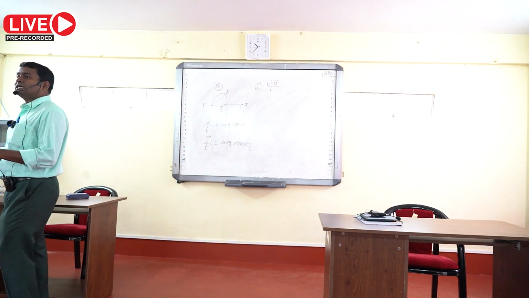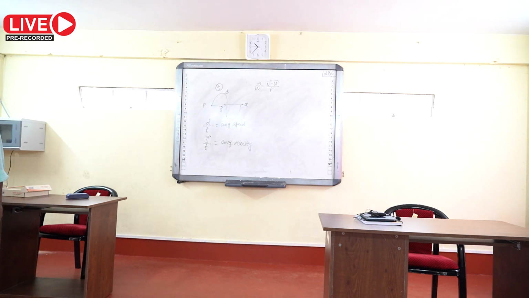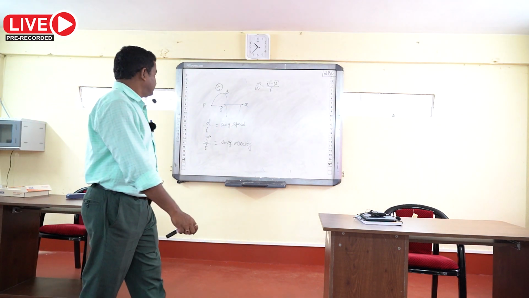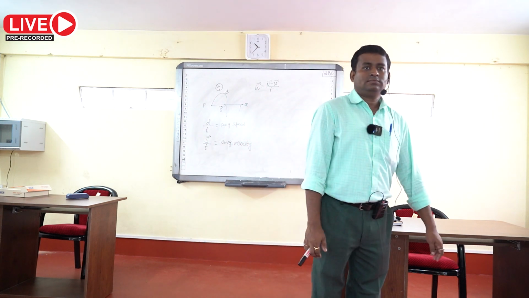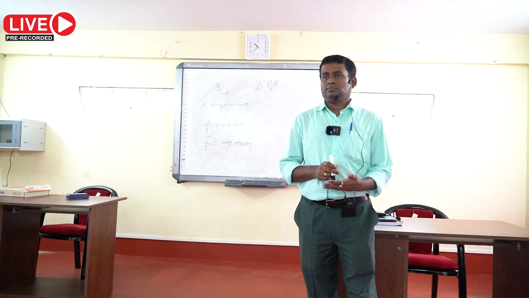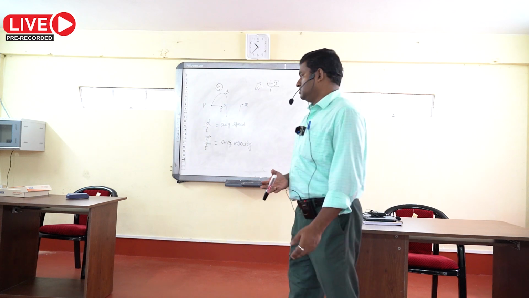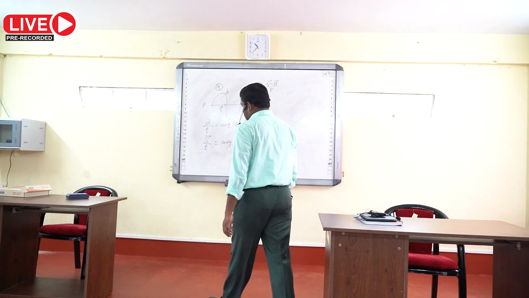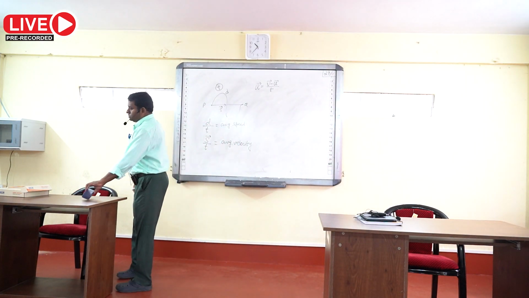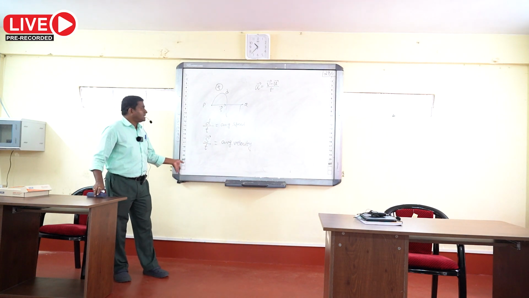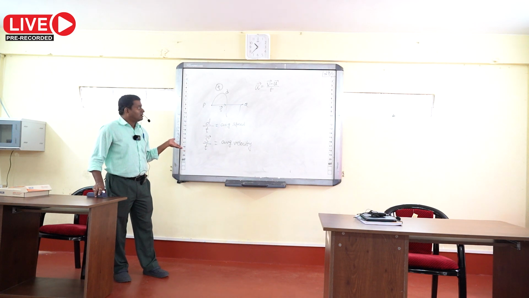Not the velocity of starting or ending. Okay? Now, so these are the initial concept, and after that we will try to solve some problems after deriving the equations of motion along a straight line.